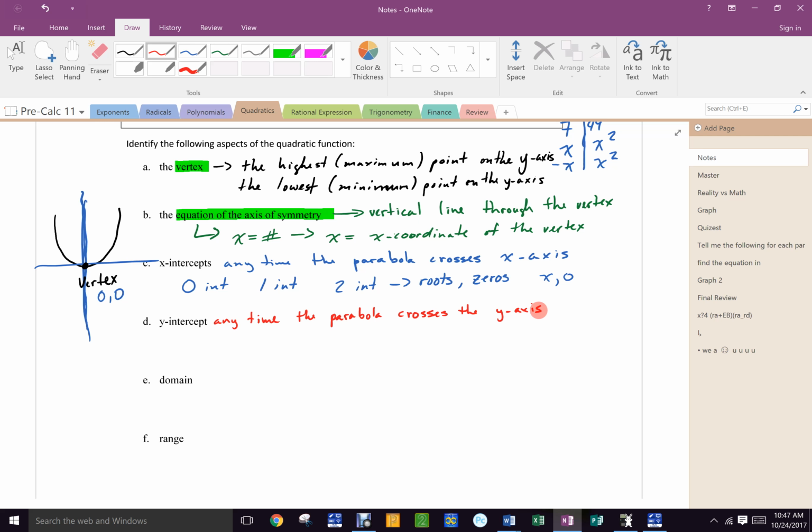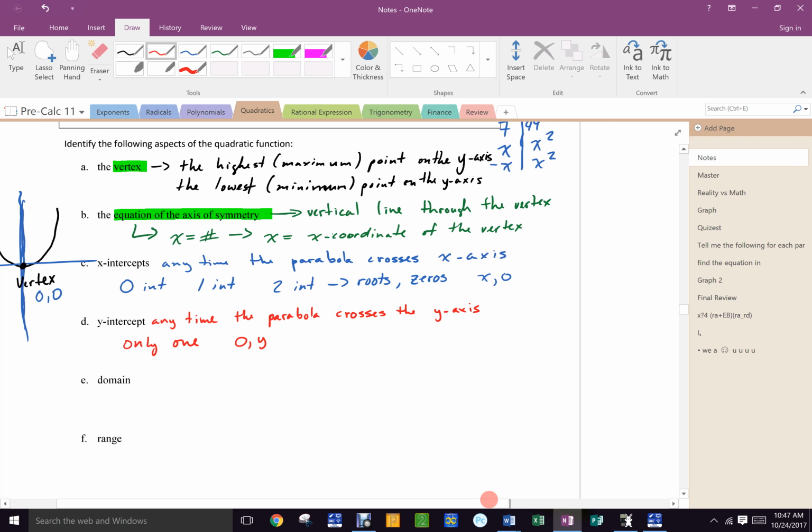Think about it. How many times can a curve cross the vertical line? Only once. There's only one. And where does it live? When x is what? The x-intercepts are x, 0. What's the y-intercept? 0, y. Is everybody cool to there?